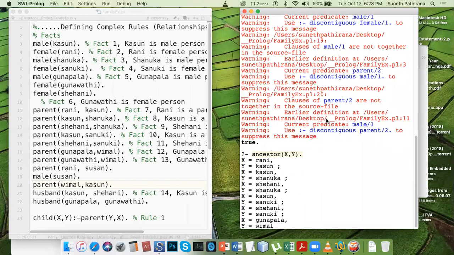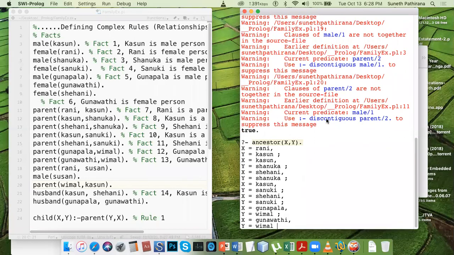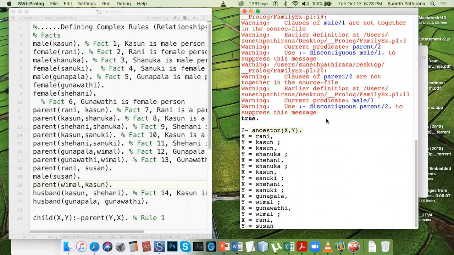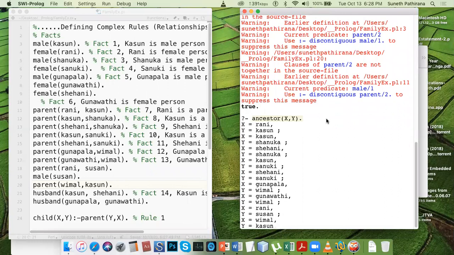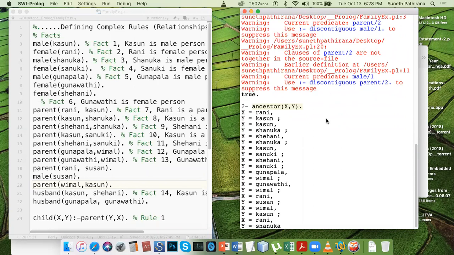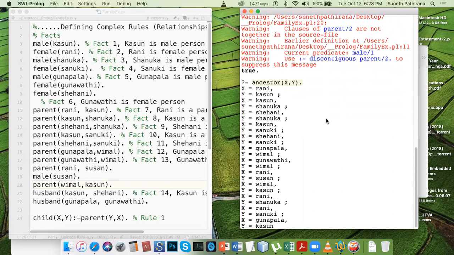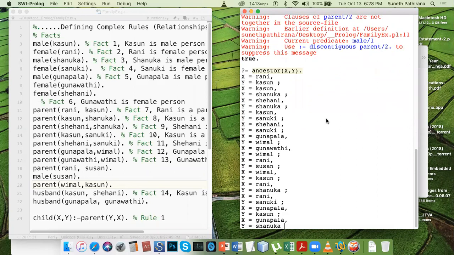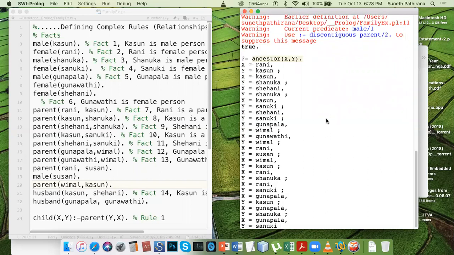Direct parent and child pair: Gunapala and Vimal. Rani Susan, Vimal Kasun. Okay. We got new ones: Rani Shanuka. Gunapala Kasun, direct relationship. Gunapala Shanuka. Those are grandchildren.